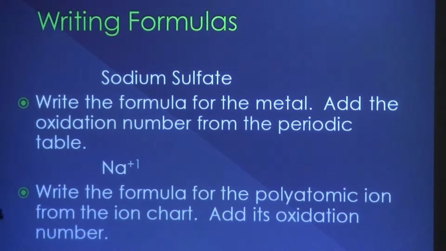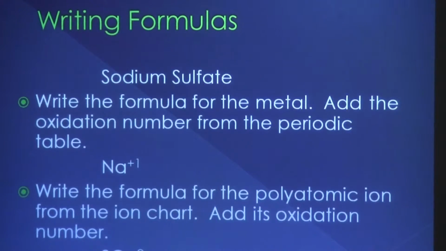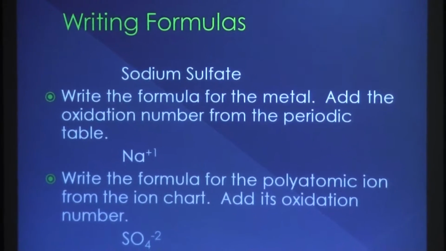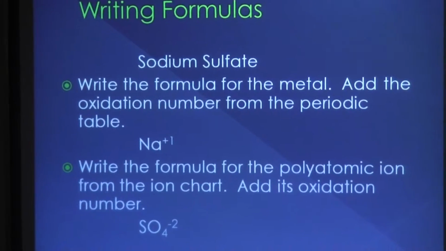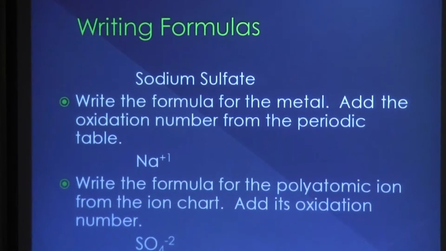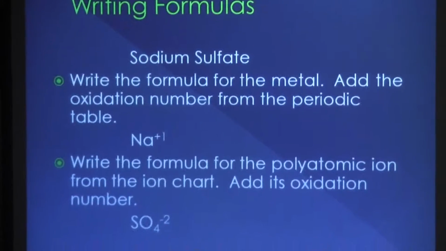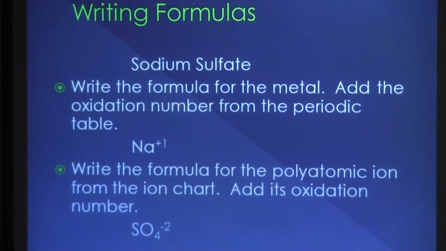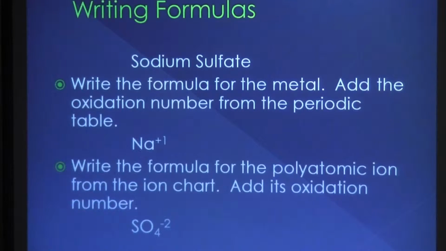SO4 with a -2 charge. So you write that down. You're kind of just collecting your information. You look at your metal, you look at your non-metal. You're looking at your cation, your anion.